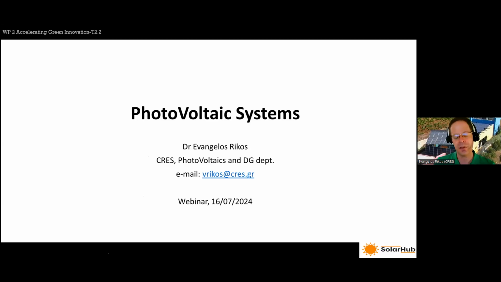There is also the problem of internal installation regulations. Usually for households, the safety regulations refer to AC grids, so we need a better framework that would enable the use of DC loads at home. For industries, it's clear, they have these regulations, but it's not so clear for households. So I would say that these two are the most preventing factors so far.